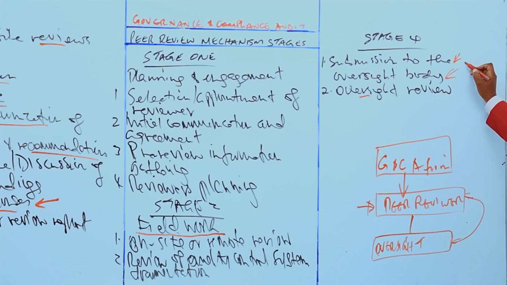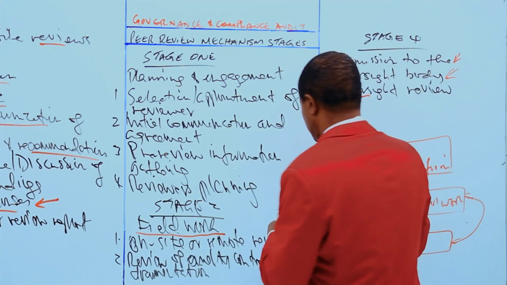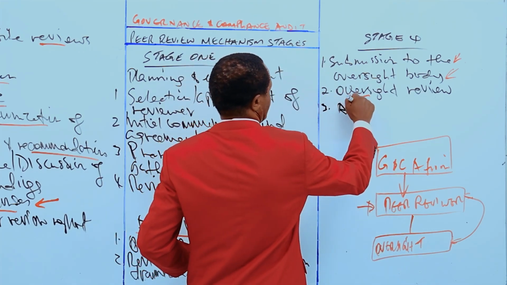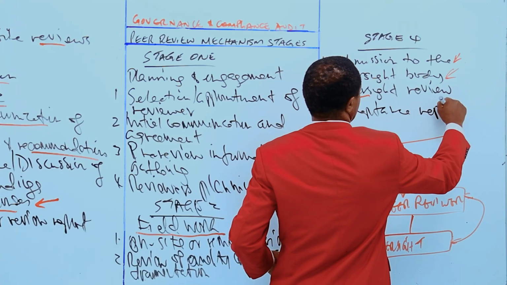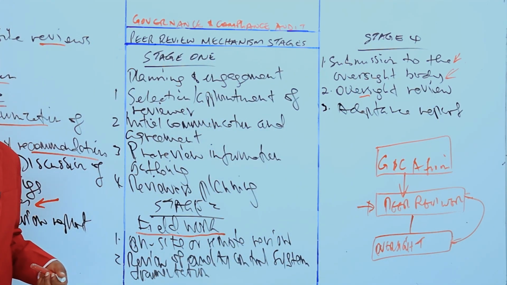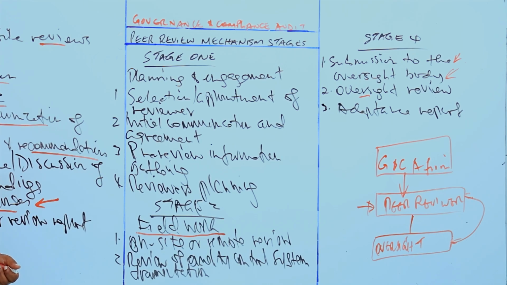So we have oversight review, then there is acceptance of report. After oversight review, there is acceptance of report. What does that mean? Now, if satisfied, the oversight body formally accepts the peer review report and also the corrective action plan.